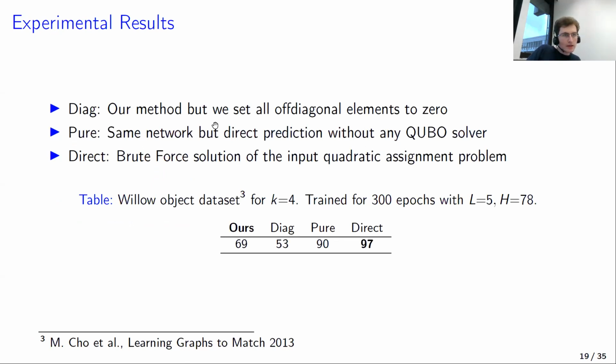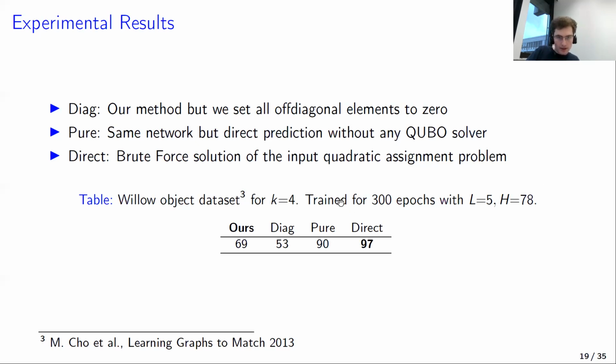We compared our method with three baselines: a diagonal baseline where we set all the off-diagonal elements to 0, a pure baseline where we didn't use a QUBO solver at all and had a direct prediction without the final activation layer, and brute force. There we solved the input quadratic assignment problem directly by exhaustive search.